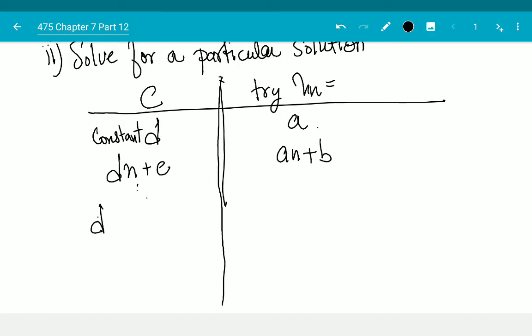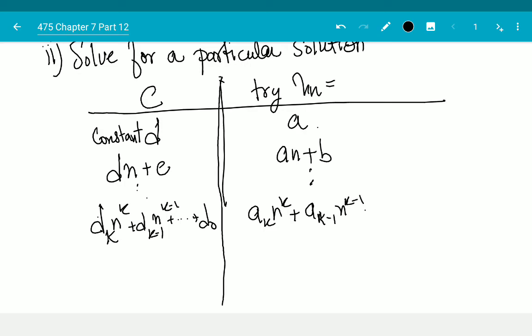well, dk n to the k plus d(k minus 1) n to the k minus 1 plus dot dot dot plus d0, then you should try ak n to the k plus a(k minus 1) n to the k minus 1 plus dot dot dot plus a0, right?